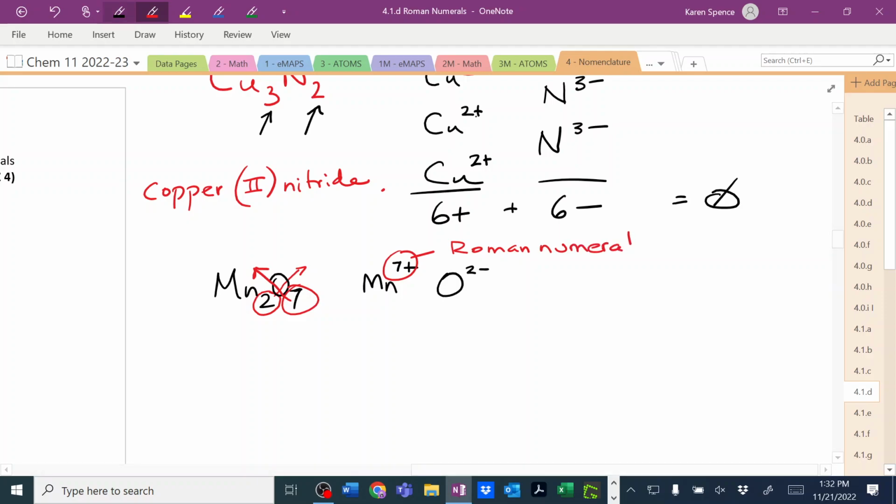Okay, and then our name would be manganese. Do you guys know how to do a number 7 in Roman numerals? Yes, it's 5 plus 2 essentially. V is 5 and then another 2. Manganese(VII) oxide.